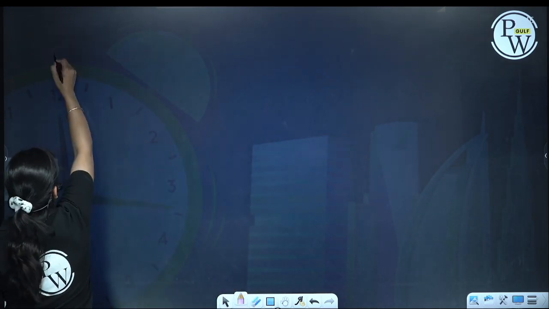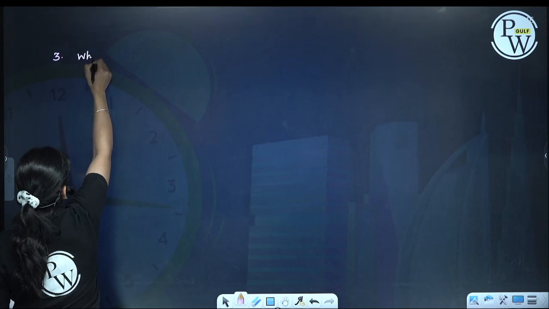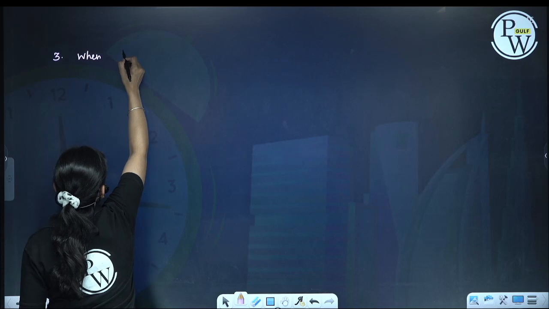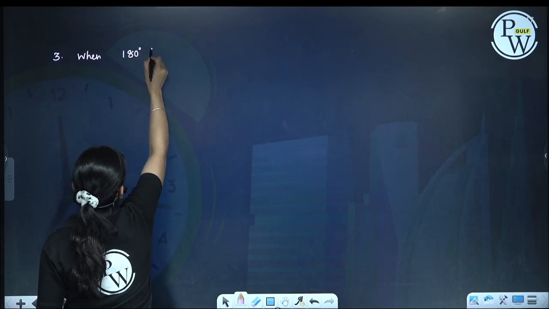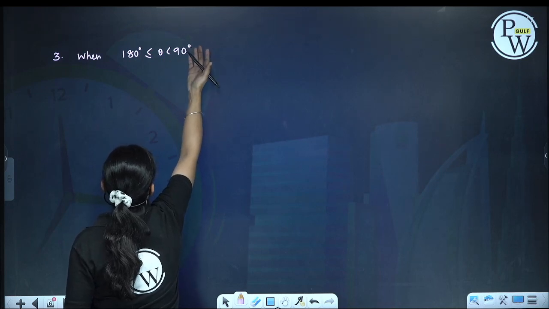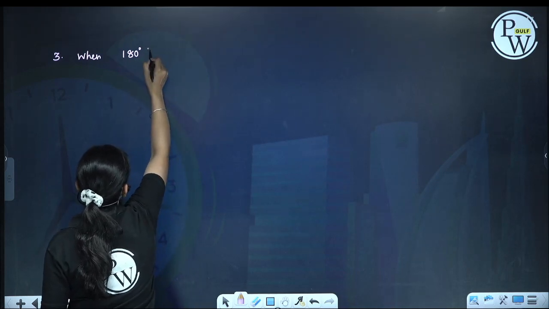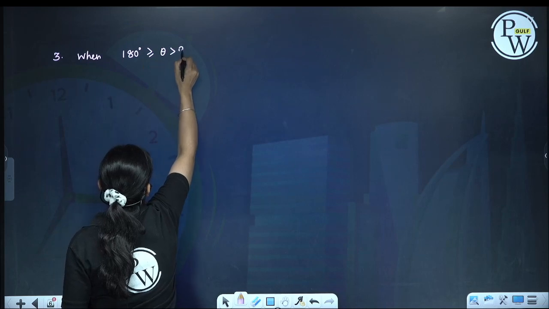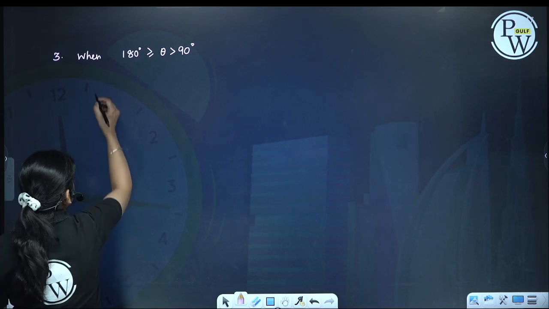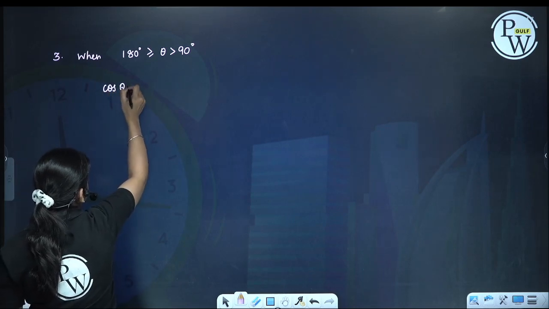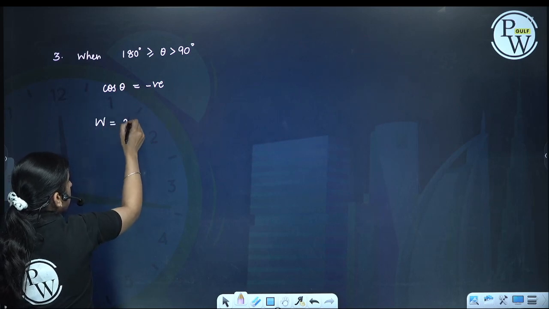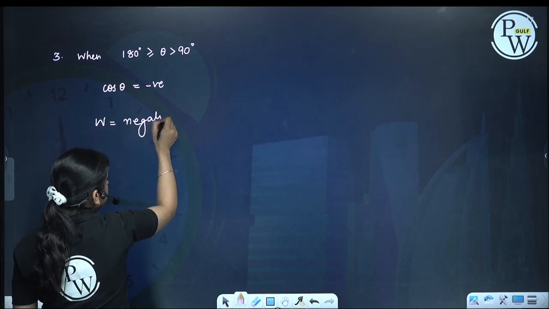Third, when theta is greater than 90 degree. Oh, I wrote opposite. When theta is greater than 90 degree but less than or equal to 180 degree, cos theta in such a case is a negative value, so work done will also be a negative value.